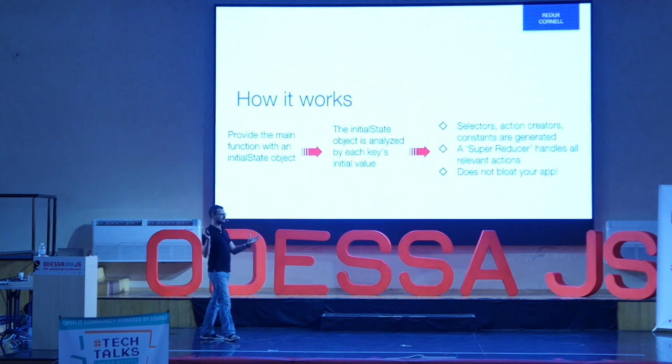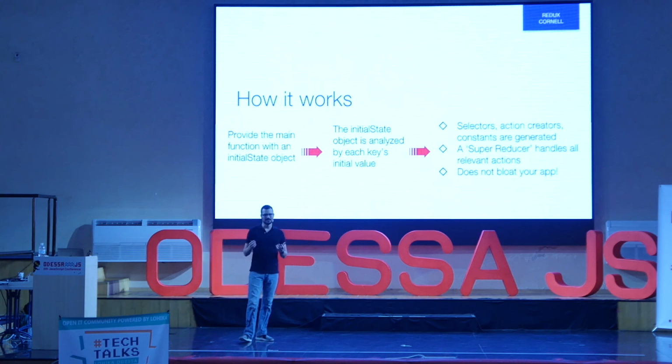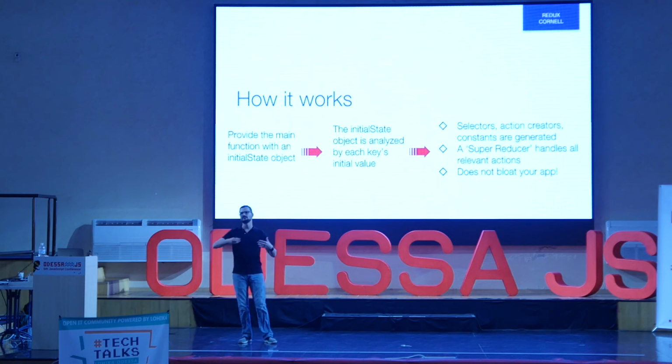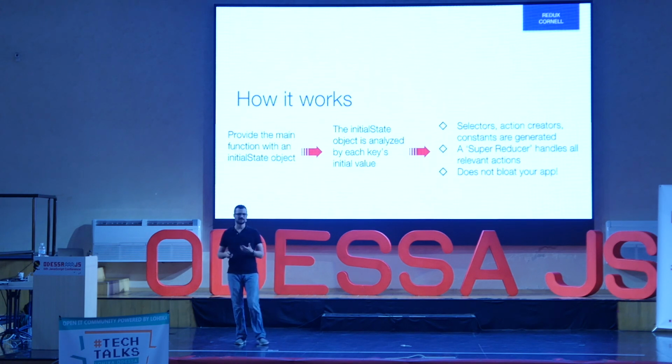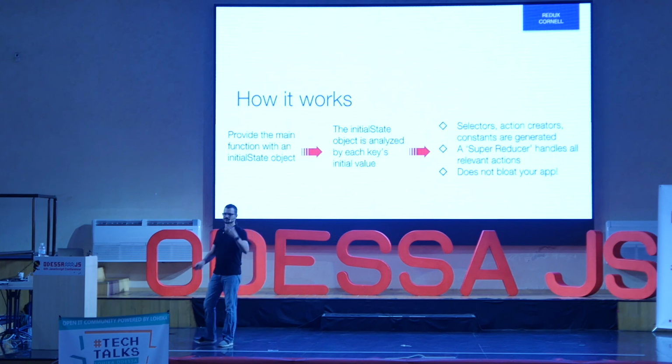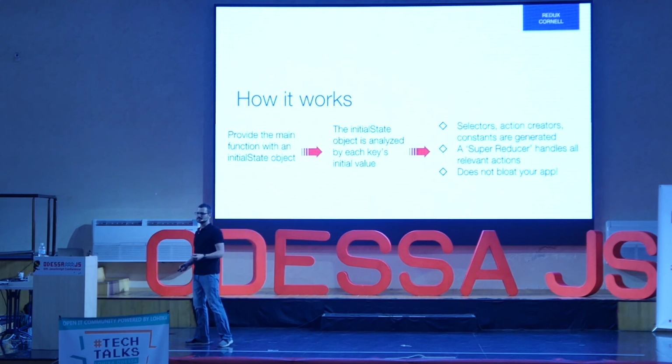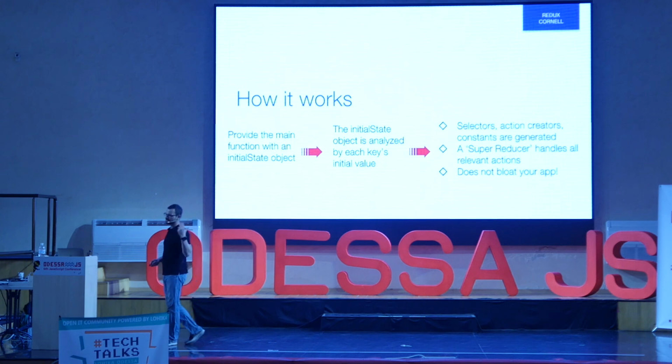And you have one super reducer which handles all these actions, and you don't have to take care of that. Because it doesn't just generate code for you that you can paste into your app, it's all in memory, it doesn't bloat up your app at all. So your bundle size doesn't grow, only by the size of the library, which, like I said, is tiny.